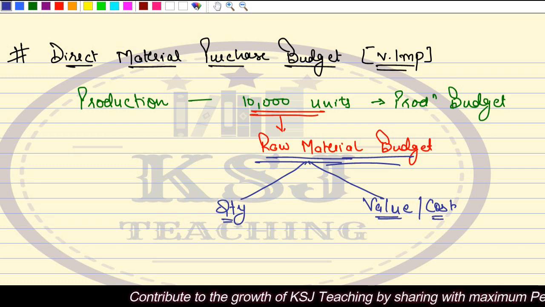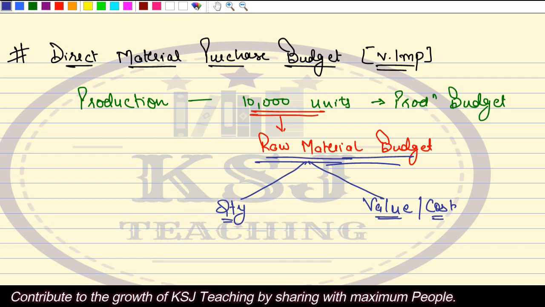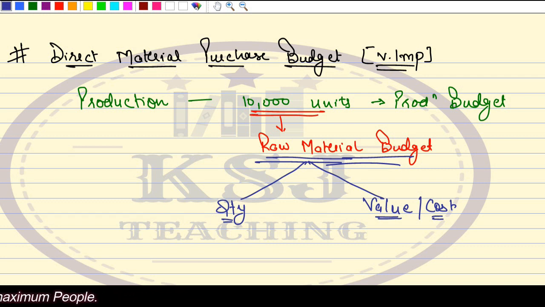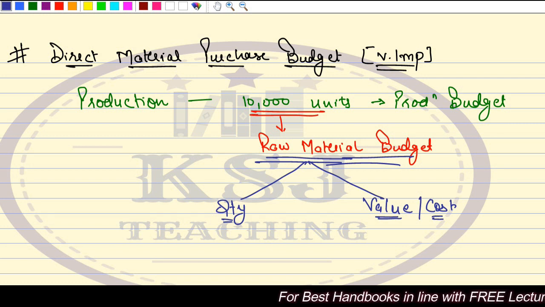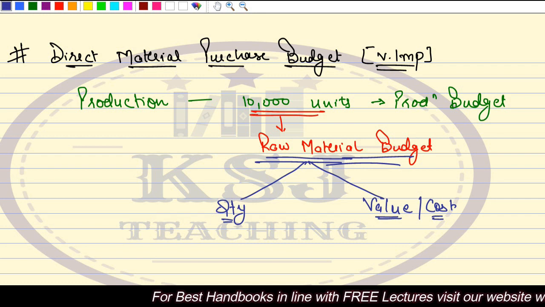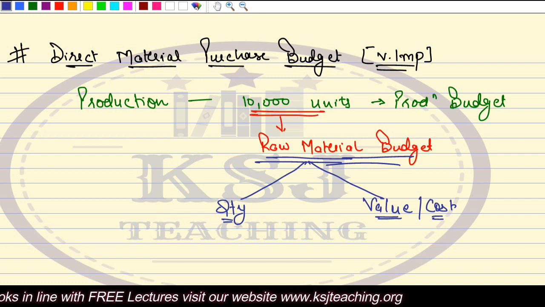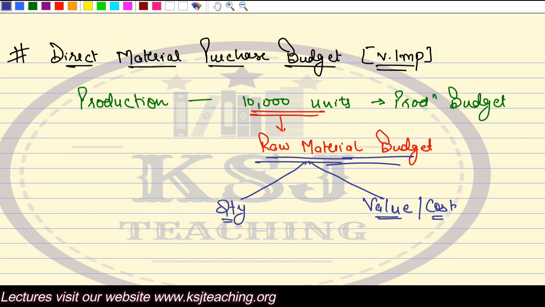So in the material purchase budget, we have to see what is to be purchased. Say for manufacturing a particular product, you can use 2 or 3 types of raw material. So you need to decide which raw material is the best for you, right? When it is to be purchased, where it is to be purchased, from which supplier. Say there are 3 suppliers, you need to decide which supplier is giving you the best quotation for the raw material, and whether the quality is okay.